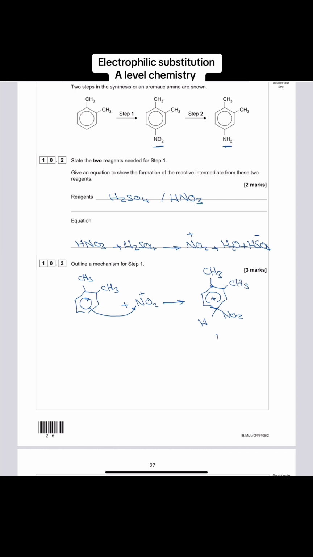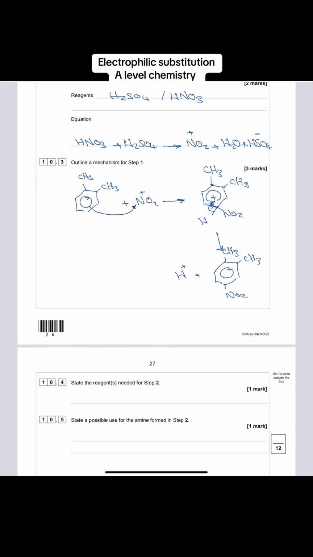And then the following step is when the hydrogen leaves as a proton and the electrons go back inside the ring to reestablish the aromatic system. So the final product will be the nitro substituted compound. Don't forget to put all the substituents in their correct position, and of course the proton is going to leave as well.